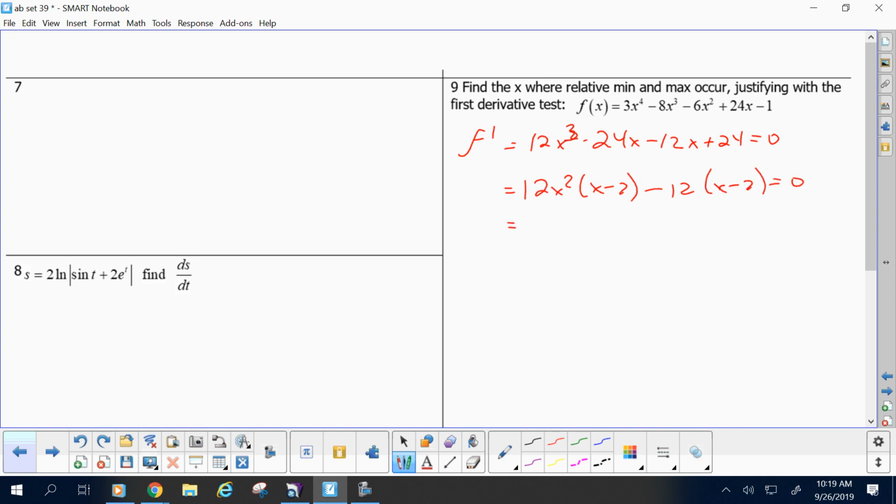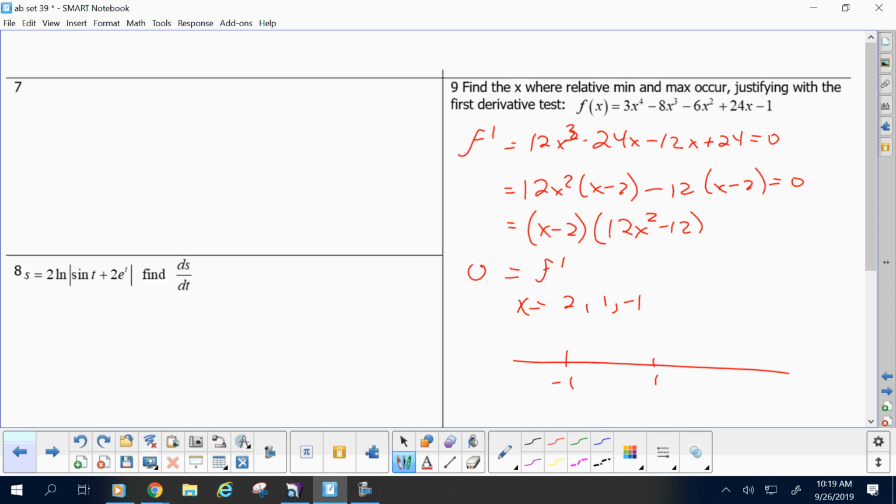That required skill in cube factoring. This is 0 if x is 2, 1, or negative 1, yeah? Okay, so I'm just going to cheat and say the derivative goes negative, positive, negative, positive.